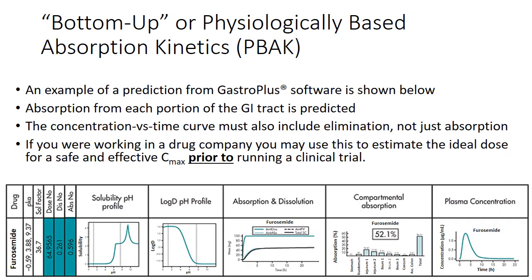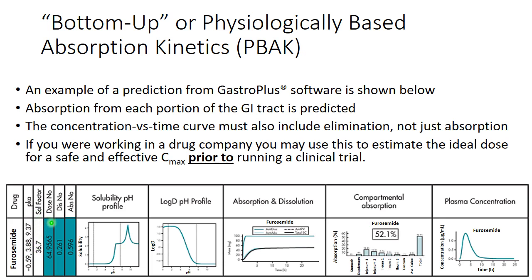So some of the data that you would get from one of these programs might look like this. For example, if you're using Gastro Plus, and we have the drug Lasix, or furosemide, a lot of this is already preloaded into these programs: the pKa of the drug, how soluble it is.